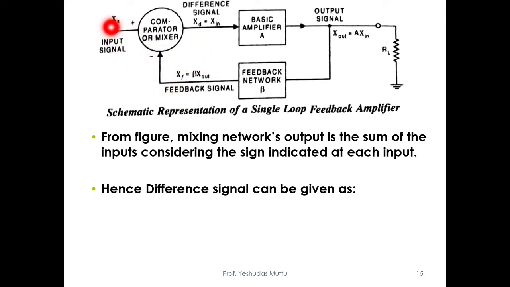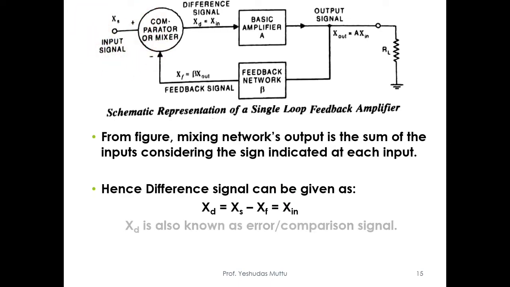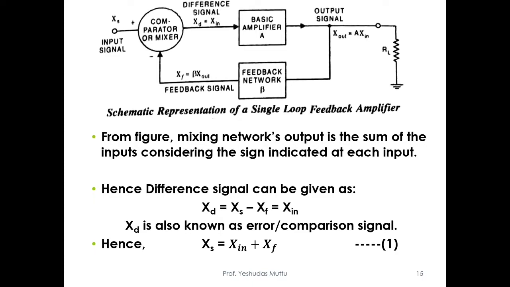So XD is equal to XS minus XF, which is nothing but X in. It is known as the error or the comparison signal. So from this I can get XS as X in plus XF. Let me call that equation number 1.